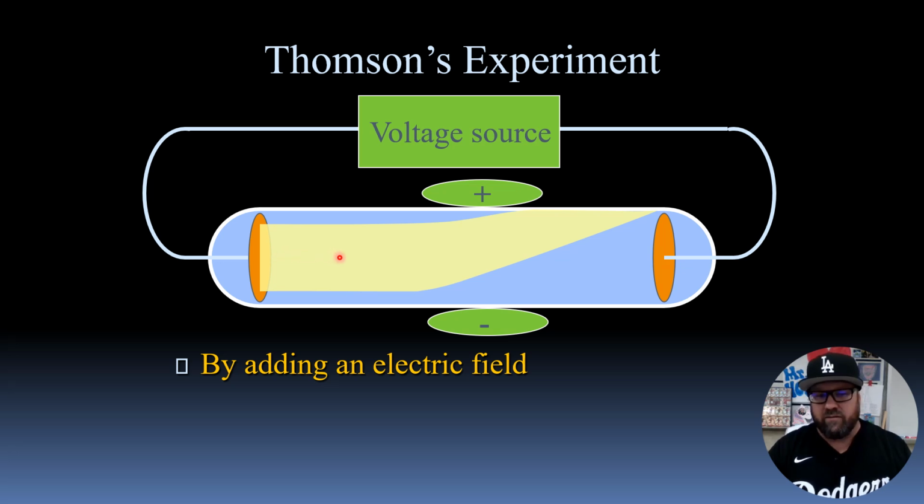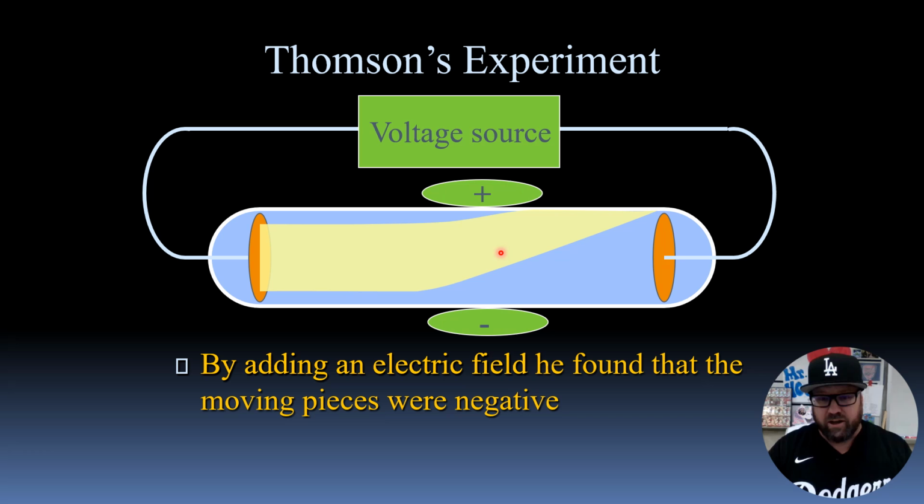The beam of light would proceed, and when it went through the electromagnetic field, it would curve always towards the positive magnet. So the beam of energized gas would always bend towards the positive magnet when he made it run through an electromagnetic field.